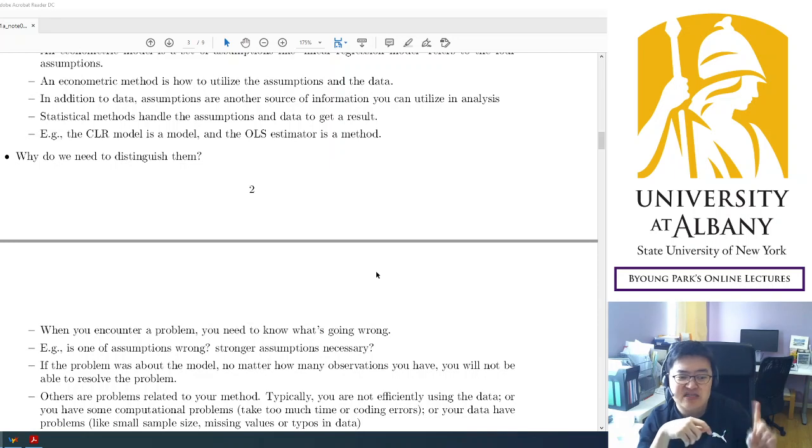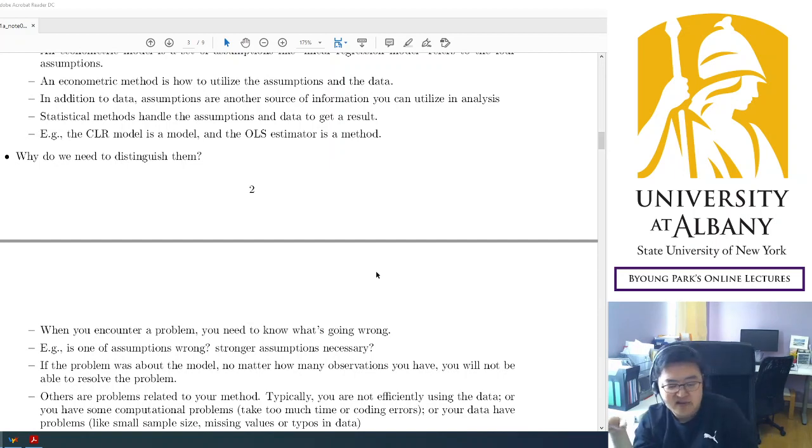If the problem is coming from some of your assumptions, then it is not a problem about the data. No matter how much data you have, you are not going to get the correct answer. Even if you have an infinite amount of data, if your assumption is wrong, then your analysis will be totally wrong. So then you have to study why your model is not working correctly.